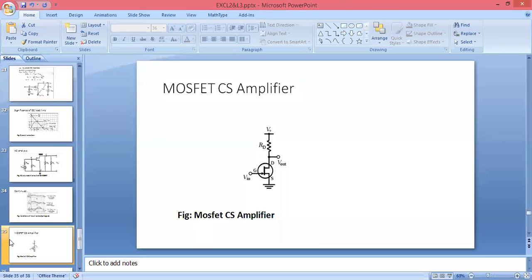Now we will see the MOSFET as an amplifier. We have seen MOSFET is used as a switch as well as an amplifier. Why? Because we get a constant value of ID current in the saturation region, as we have seen in the diagram of output characteristics.